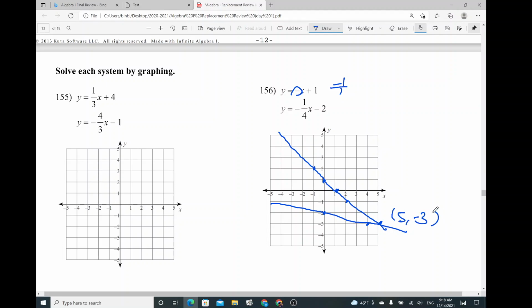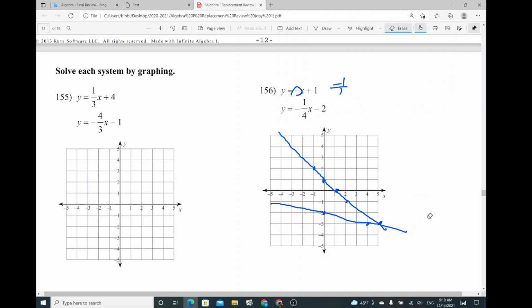You can always plug the number back into the original equation and check your work. So it looks like it's 5, comma, negative 3. Well, wait, it's actually 4, comma, negative 3. So maybe the graph that I did here, the line has to be precise.